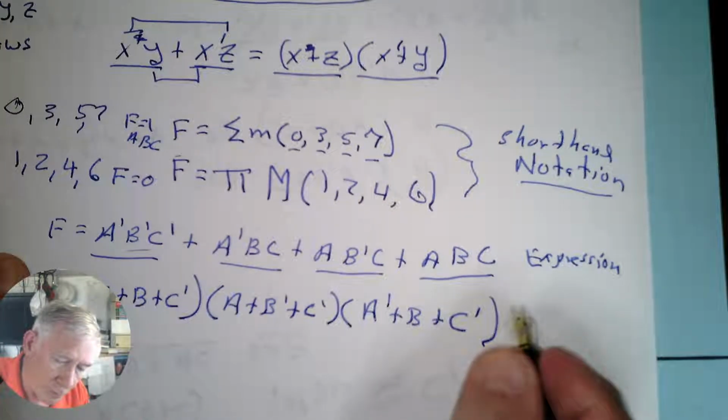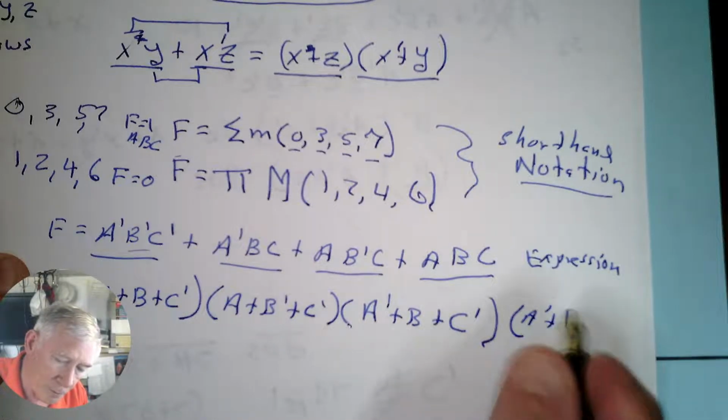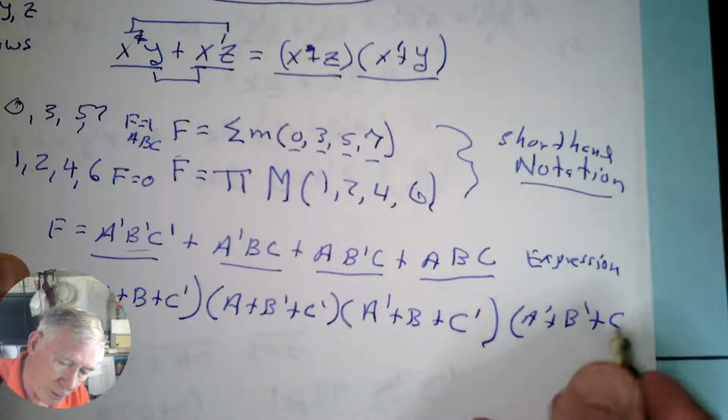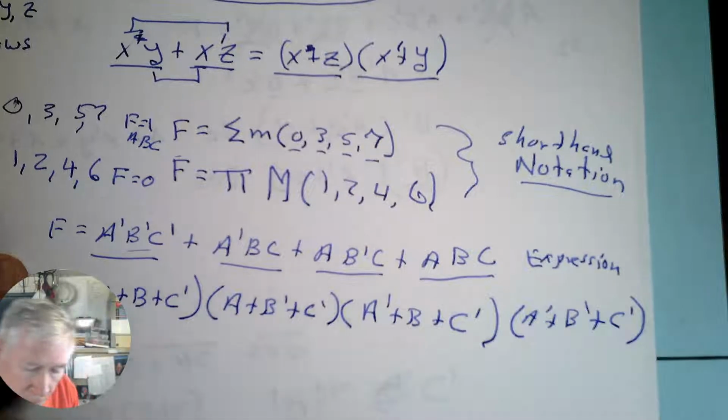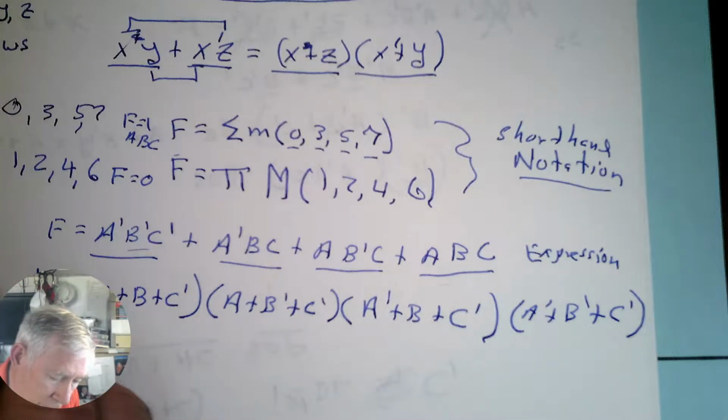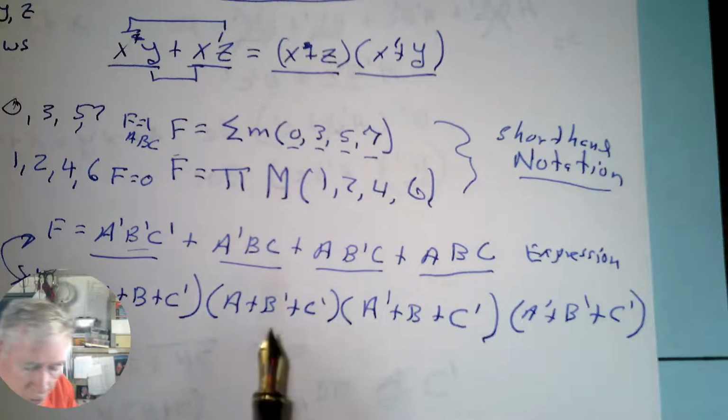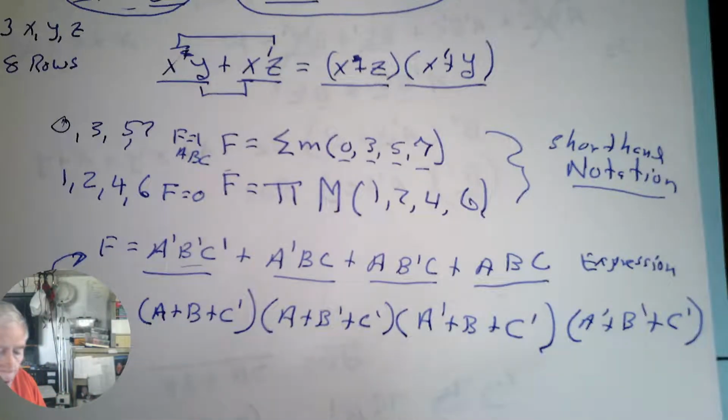And max term 7 would be A prime plus B prime plus C prime. So that's written out. F equals. And notice these two would be exactly the same. They would equal each other. They would result in the same value for F for every possible combination of ABC. Okay.